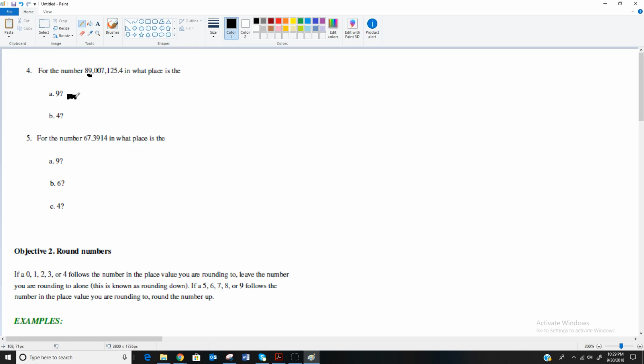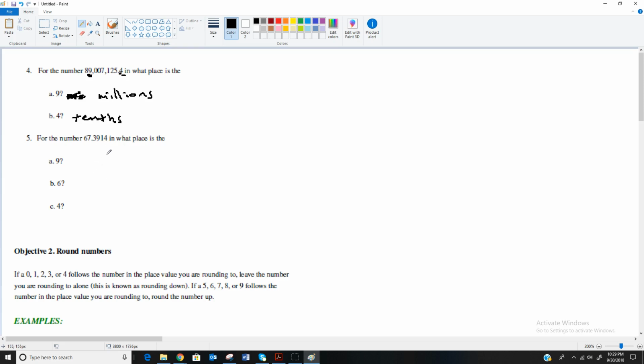It's in the millions place. Okay, the 4 then is 1 past the decimal. Here's the decimal. And so 1 past the decimal is the tenths place.